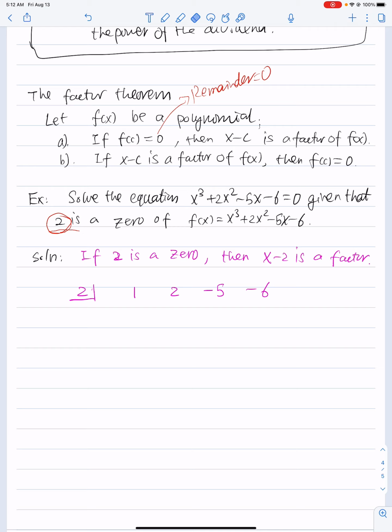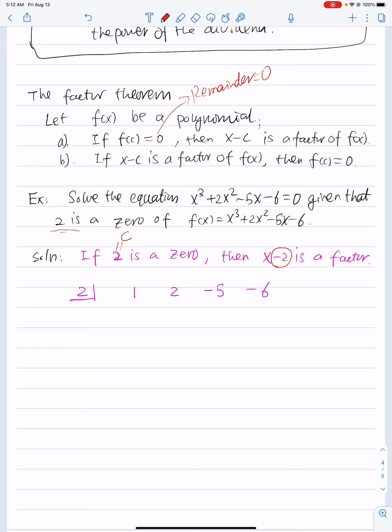So x minus 2 is a factor. What does it mean that x minus 2 is a factor? 2 is your c, and your remainder has to be what? 0. Perfect.